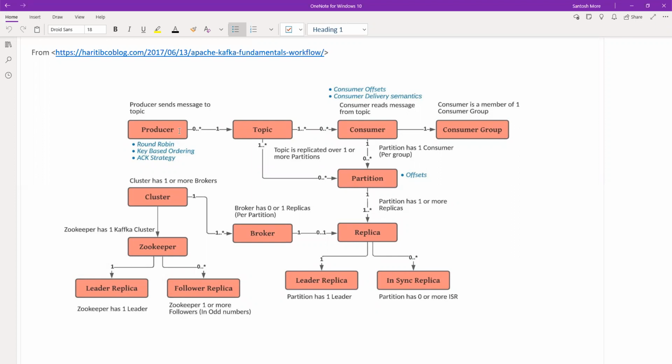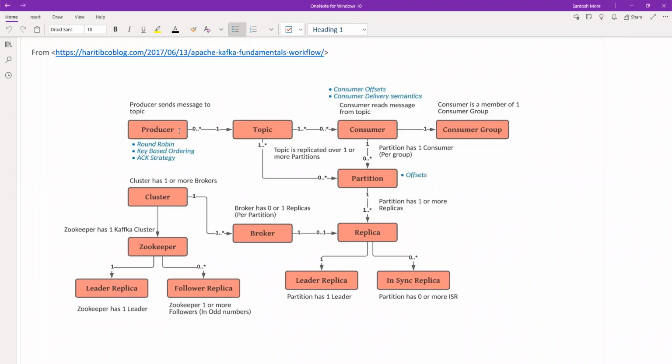Now the producer directly interacts with any broker, and the broker gets the metadata from the Zookeeper and then informs the producer which partition it has to talk with, and now that is also going away.